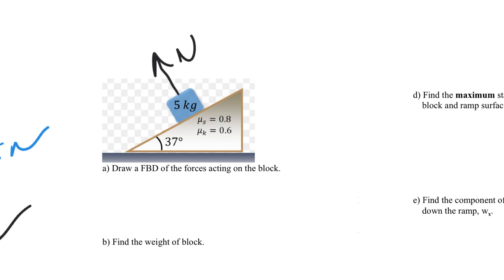There's the normal force. Here's the weight. And there's the y-axis. Here's the x-axis. So I'm going to straighten that out. You don't really have to. You can just draw it right here.